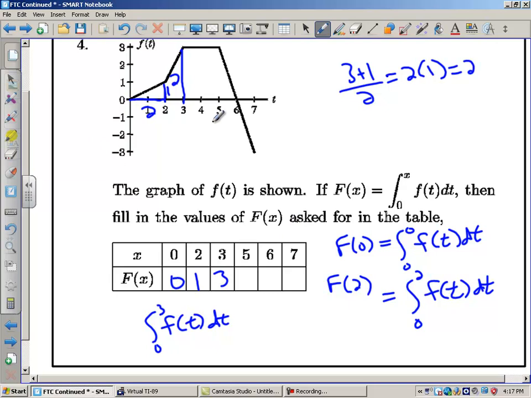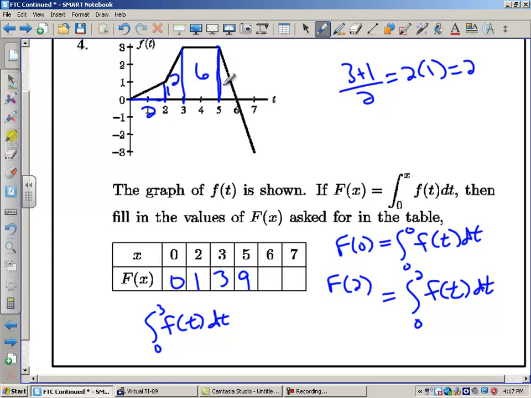So we've added 2 more area onto this one, and so now it's 3. Now what about the integral from 0 to 5? We just want to find out how much more area got added. So this is a 2 by 3 rectangle, and so we're adding 6 to the previous area, so now the area is up to 9. Then we're adding, from 0 to 6, we're adding a triangle. This is 3 by 1.